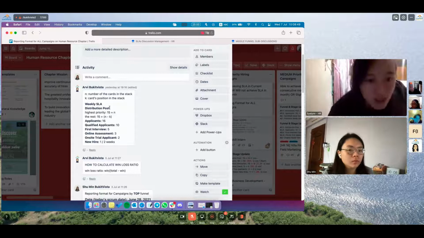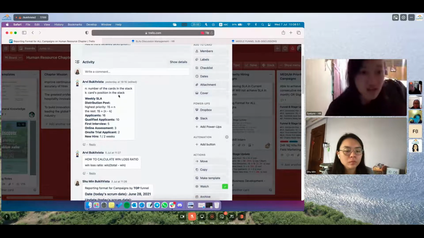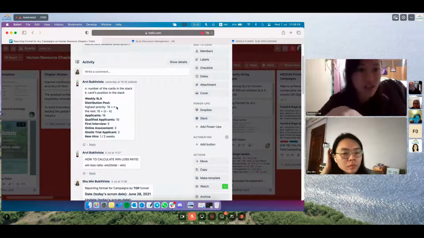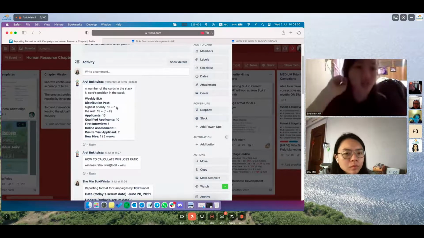I believe this one is for the high priority campaigns. For the distribution posts, it's 15, and then we add plus n, based on the number of cards in the stack. The higher the priority, the higher the number we need to achieve for the distribution posts, and for the rest it's minus the position.